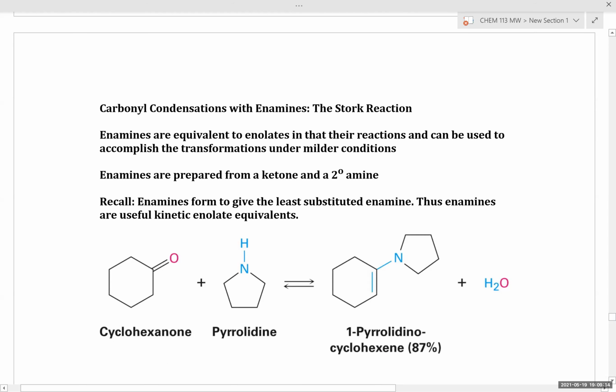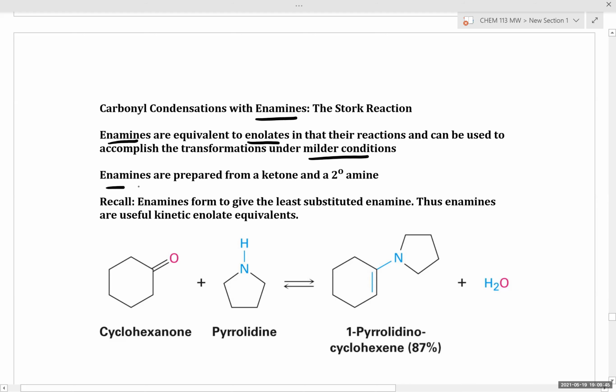And let's talk about another way to perform conjugate addition reactions, and that's by utilizing enamines as enolate equivalents. We've talked about previously how you can use enamines for alkylation reactions, and this is really based on this idea that the enamine is equivalent to an enolate in their reactivity and can be used to accomplish enolate-like reactions under milder conditions.